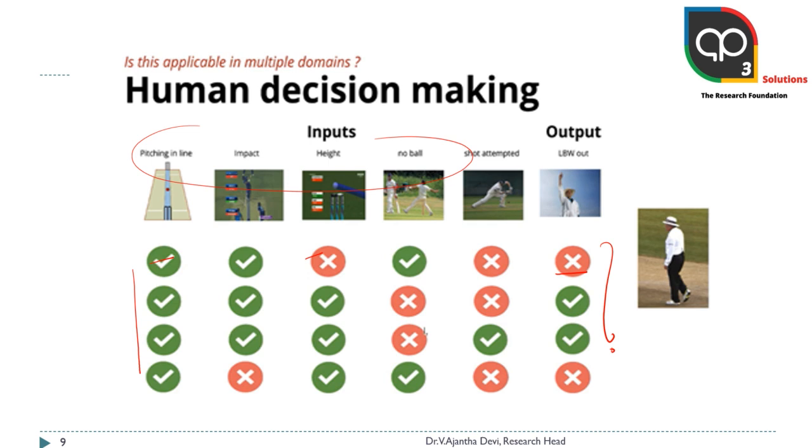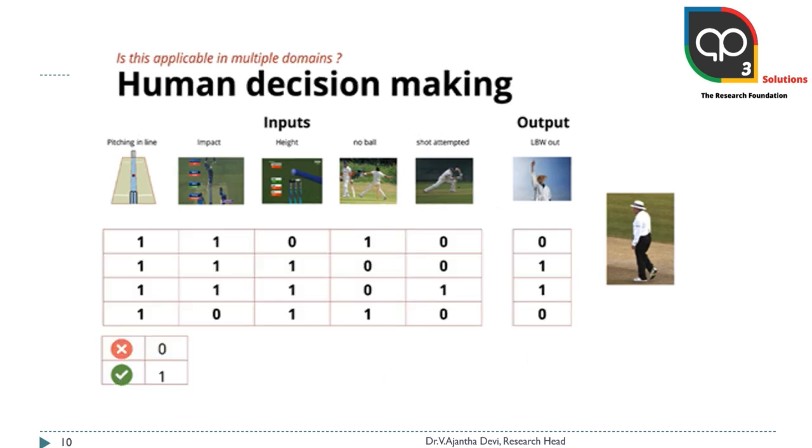And once again, I could make these crosses and tick marks machine readable by replacing them with zeros and ones. So in the first row, the ball was pitching and the impact was in line, but the height was above the stumps, so it was not within the height of the stumps, and so on.